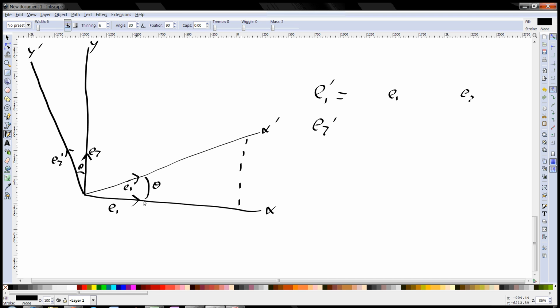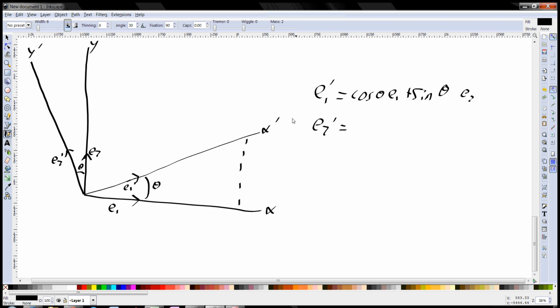So this x distance here is cosine theta E1. So we're going to write that right here to denote the new x value of E1 prime: cosine theta E1 plus, and then the y value is going to be represented by sine theta E2.